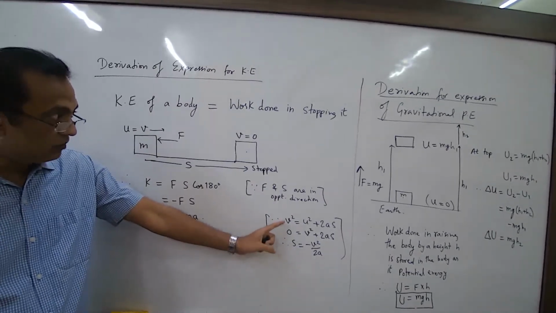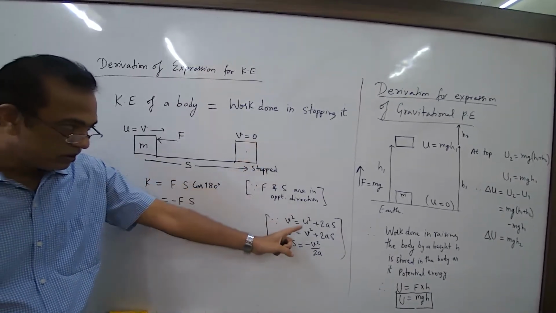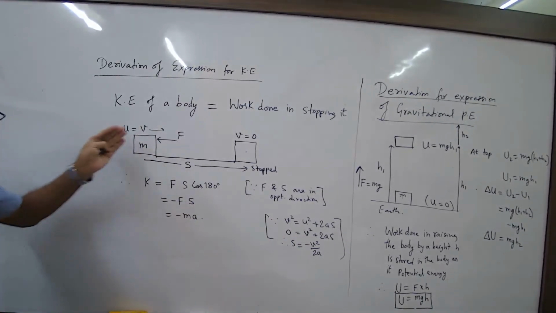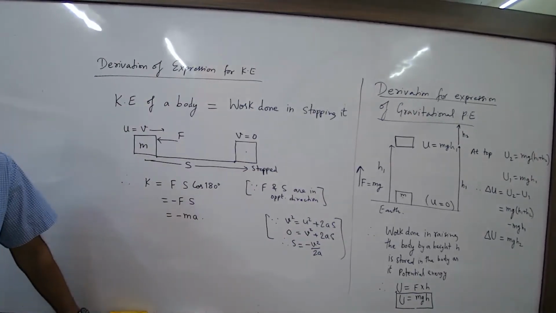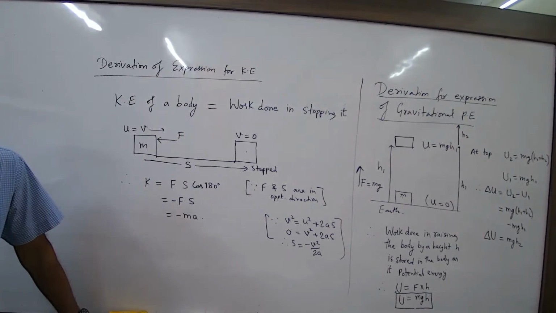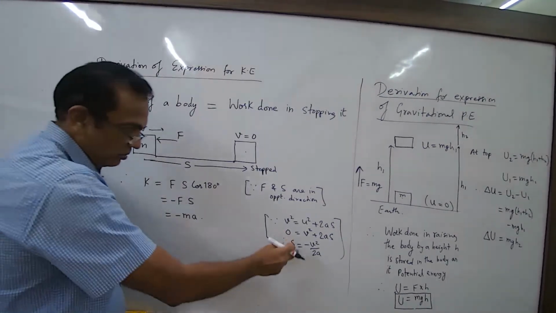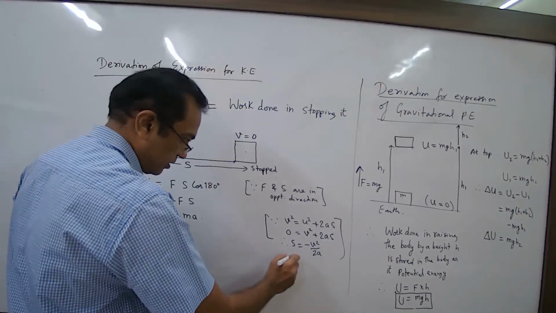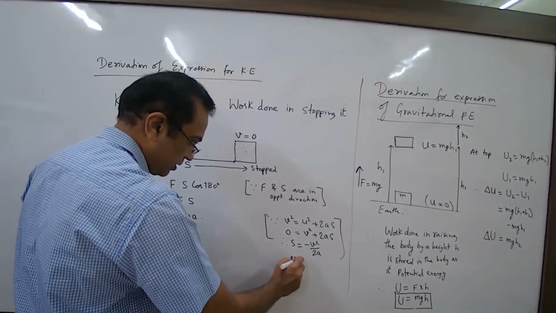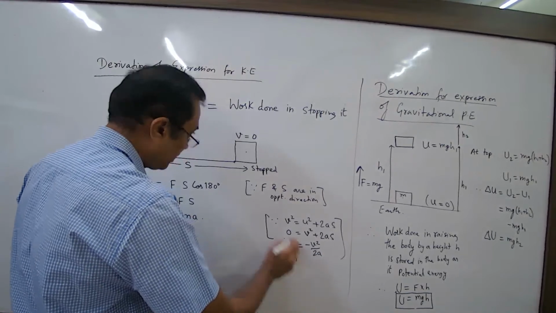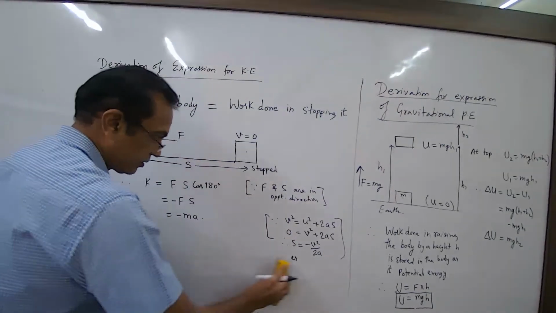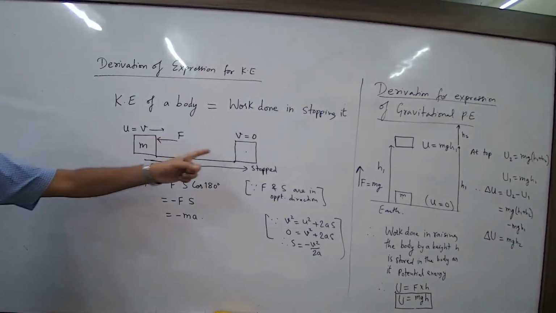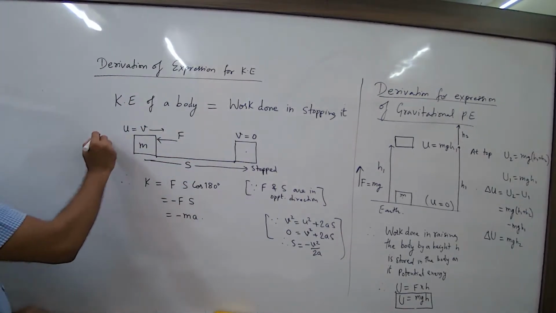My final velocity is 0. My initial velocity is v, because the body was initially moving with velocity v. Should I write one more, or will you pick it up from there? We'll pick it up from there, because in the scenario I have explained the initial velocity.